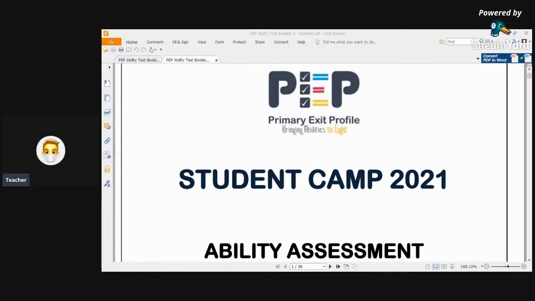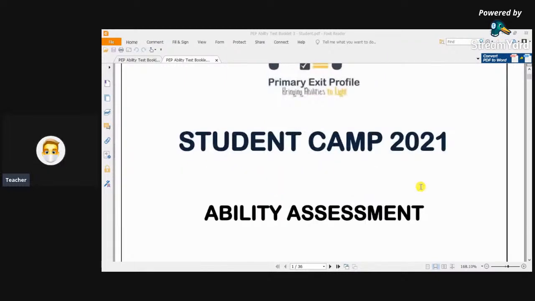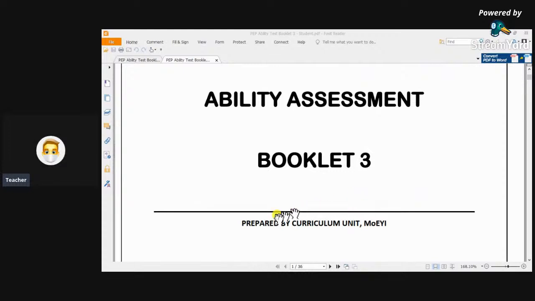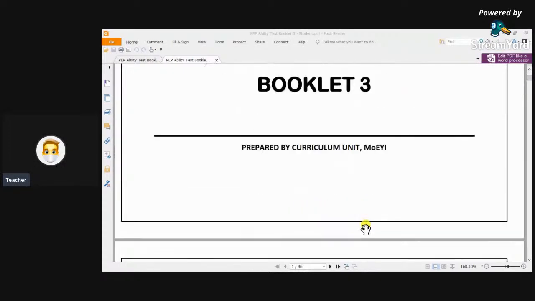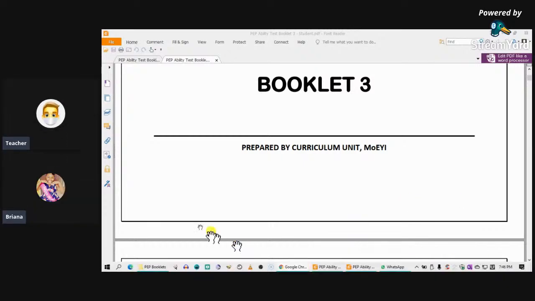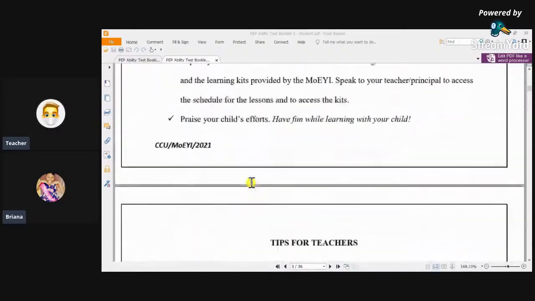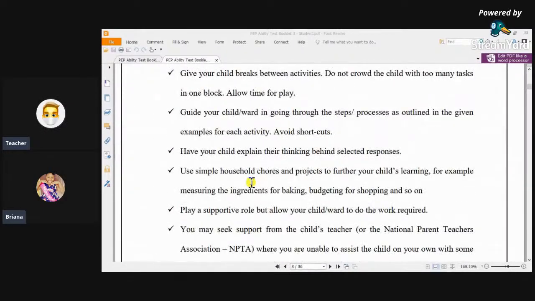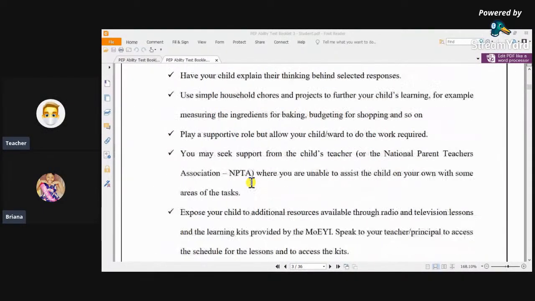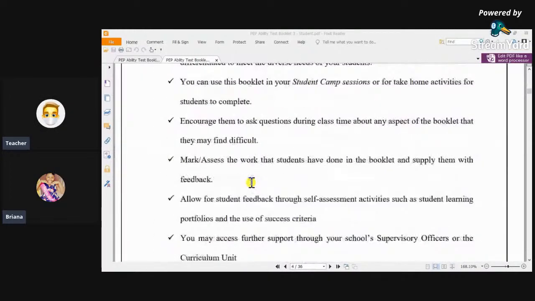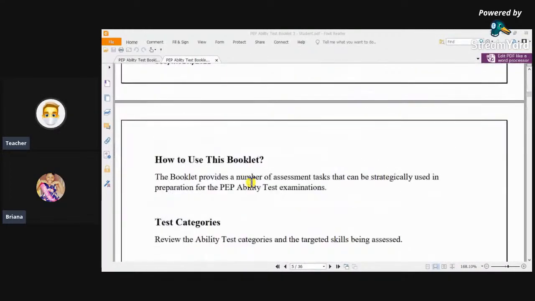Again, this is the student camp book, ability test, and this is booklet 3, prepared by the curriculum unit of the Ministry of Education, Youth, and Information. We went through this in the previous books, so we have no real need here for this. Okay. Let's look at this.